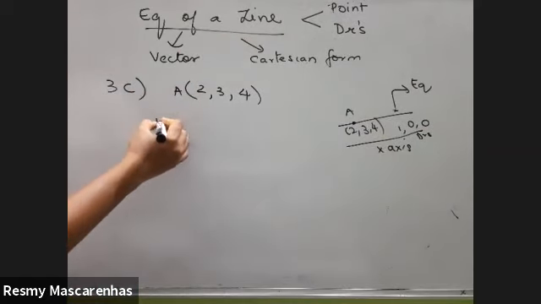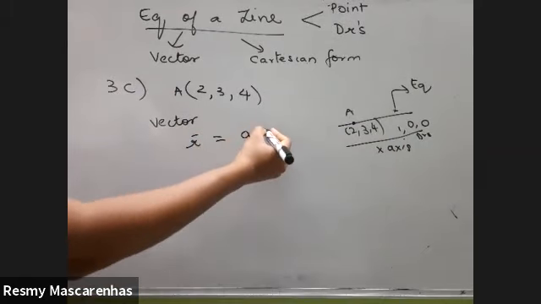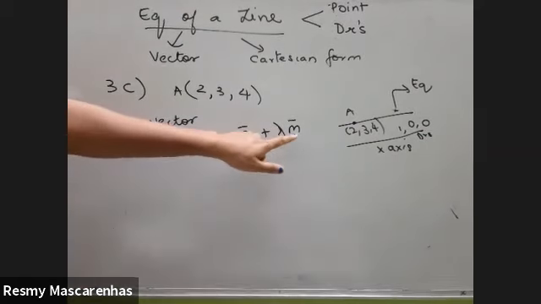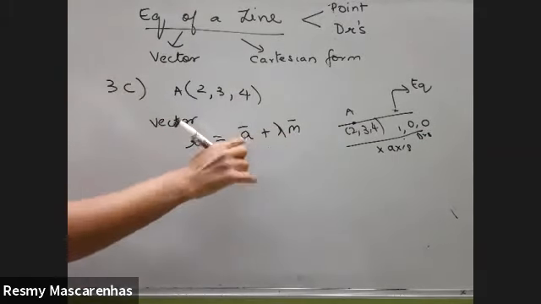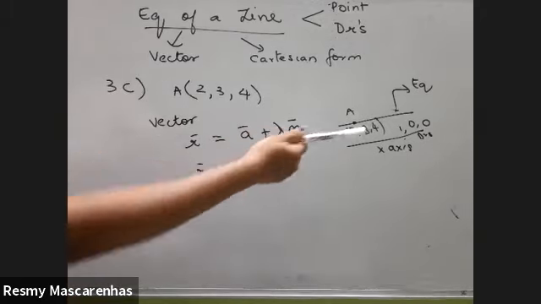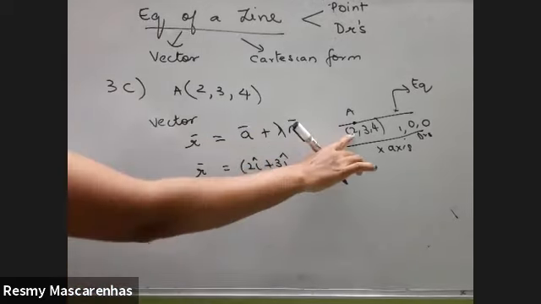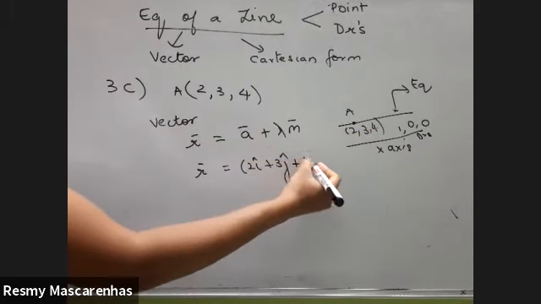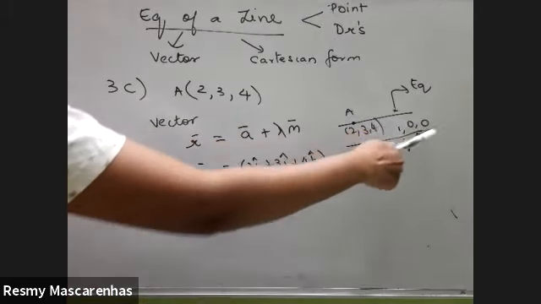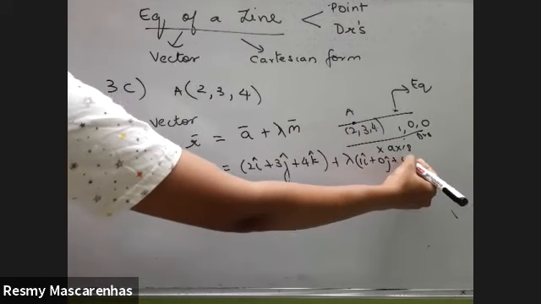Now write the vector form. So the vector equation is what? r bar equals a bar plus lambda m bar. This is a formula. m bar means the direction ratios, and a bar is the point. So what is the point? This one. But since we are writing the vector equation, we have to write it in vector form. So first 2 i cap, 3 j cap and 4 k cap, plus lambda times m bar. m bar means from this we form 1 i cap plus 0 j cap plus 0 k cap.